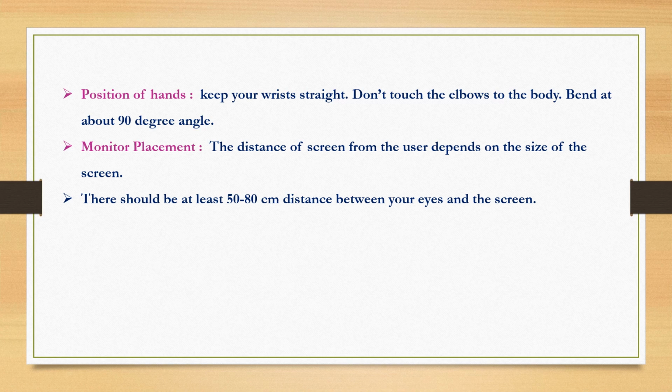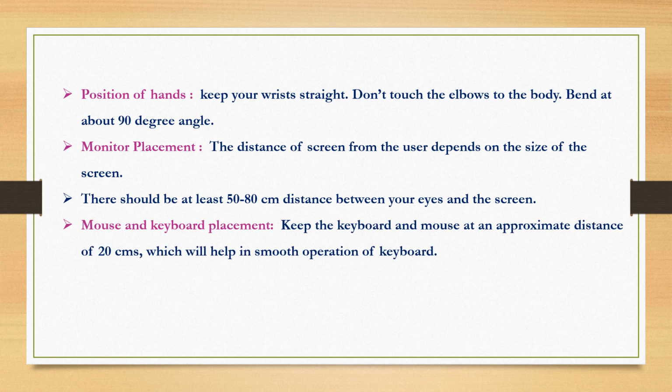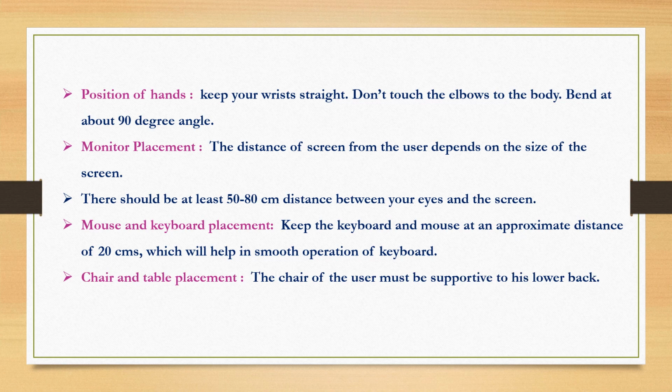And the next is keyboard and mouse placement. Keep the keyboard and mouse at an approximate distance of 20 cm, which will help in smooth operation of the keyboard. Chair and table placement. The chair of the user must be supportive to his lower back. It should not be very hard. If it is hard, after working for some hours, there is a pain in your back.